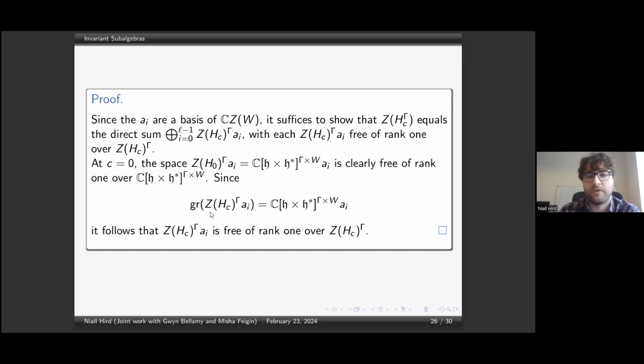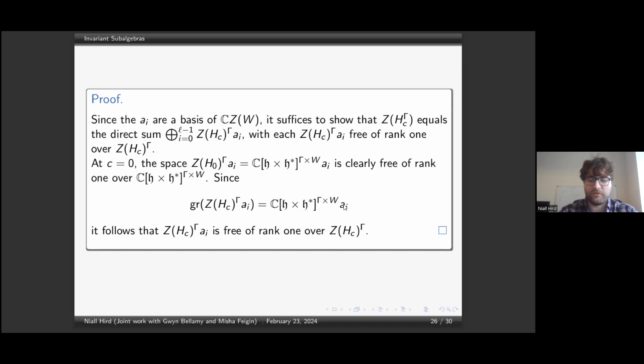We also have a similar result when we consider the associated graded of this algebra, z of h, the invariants of the center, times these AI. So then this is free of rank 1 over the invariants of the center for any C, not just C equals 0.